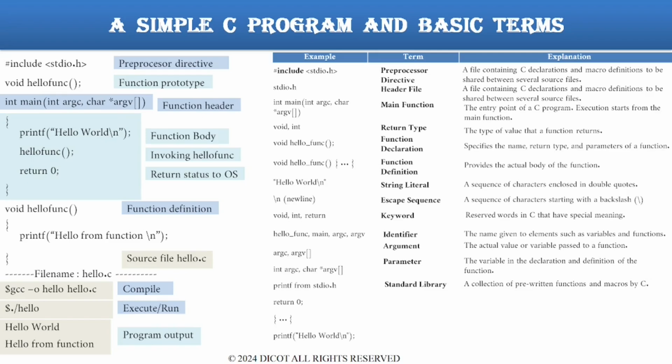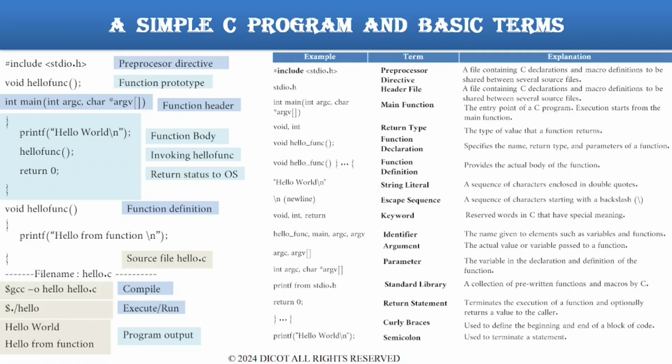Return statement terminates the execution of a function and optionally returns a value to the caller, like return 0 by the function main. Curly braces: used to define the beginning and the end of a block of code. Semicolon: used to terminate a statement. printf hello world is terminated with a semicolon.